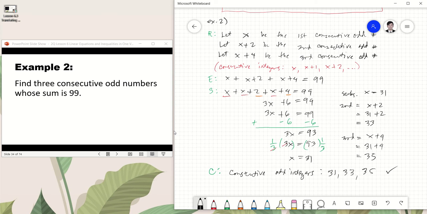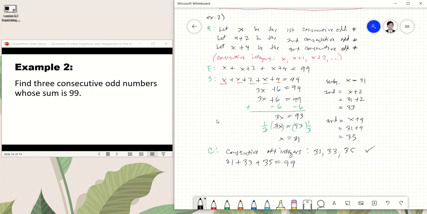Okay, that's true. Are the sum 99? So try natin. 31 plus 33 plus 35, is that equal to 99? So kapag i-add natin sila, that's really a 99, which is true. So ibig sabihin ito yung tamang sagot.